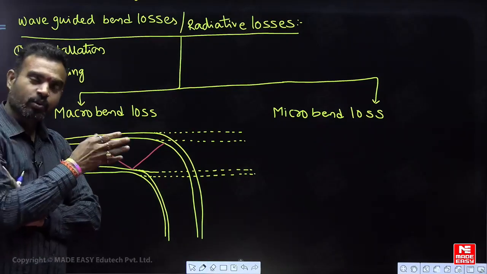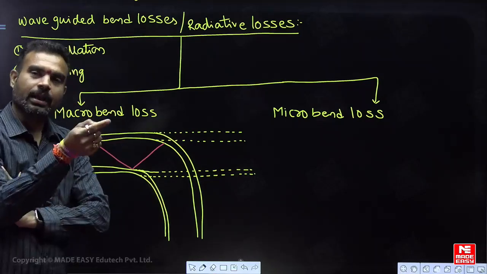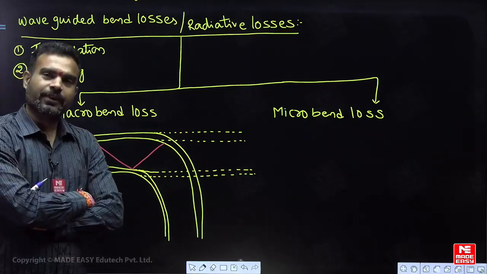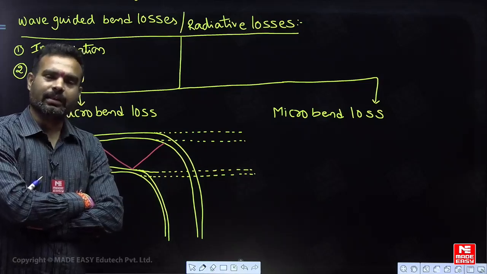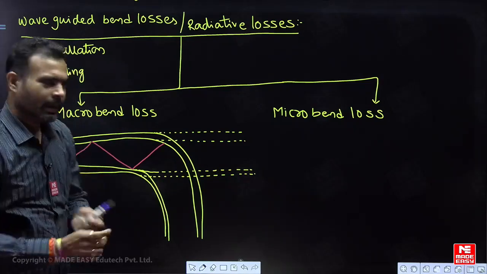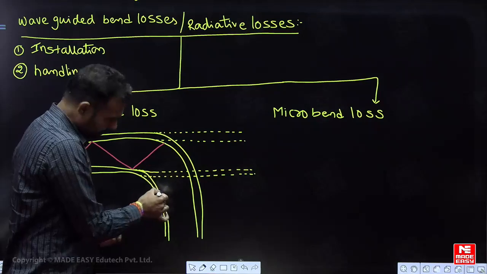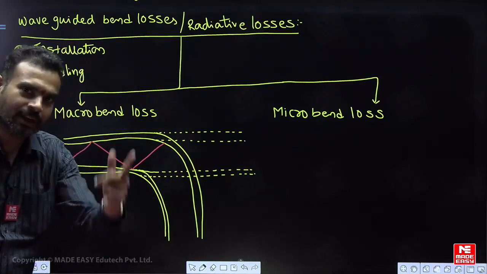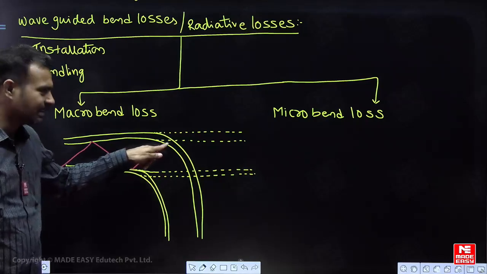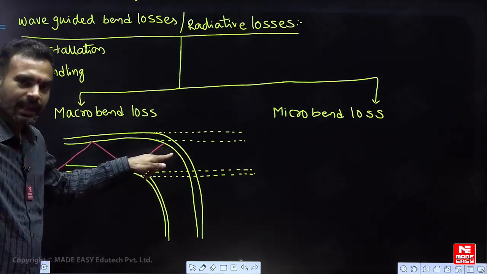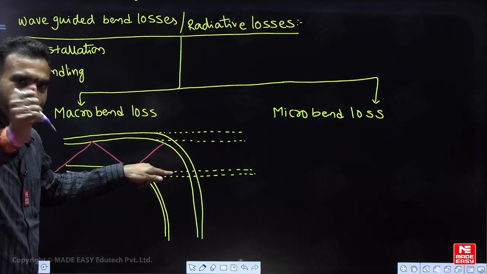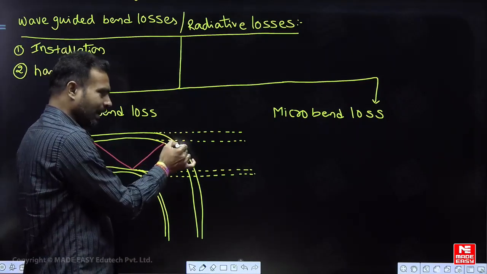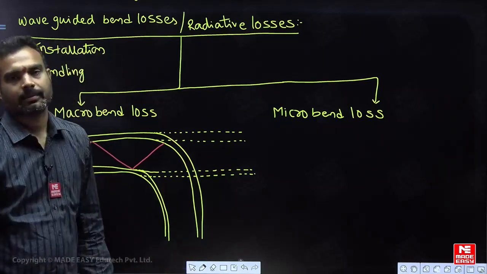The angle of incidence changes compared with the critical angle. If it is greater than the critical angle, there is no problem. The light will get reflected, takes TIR. But if the incident light is less than theta c, this light ray will pass into the cladding and be lost.